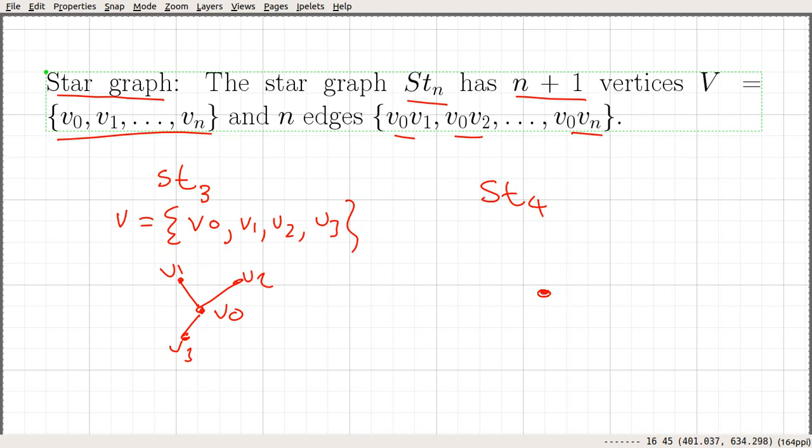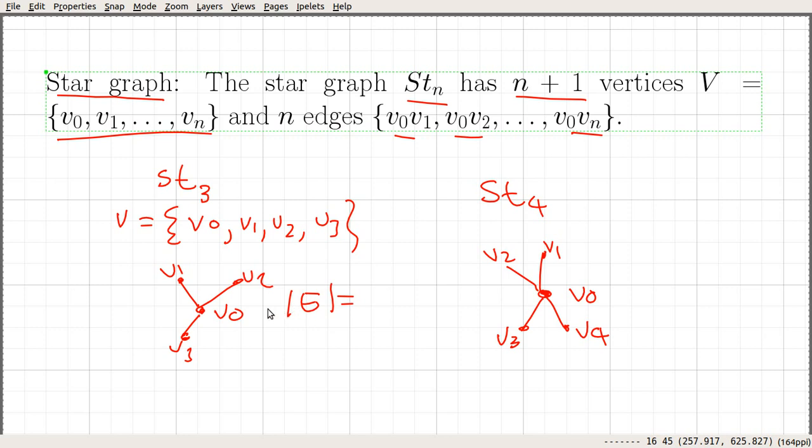Okay, similarly St sub 4 will be pictorially represented like this, v0, and we have 4 more vertices, v1, v2, v3, v4. Okay, so let's count the number of edges here.